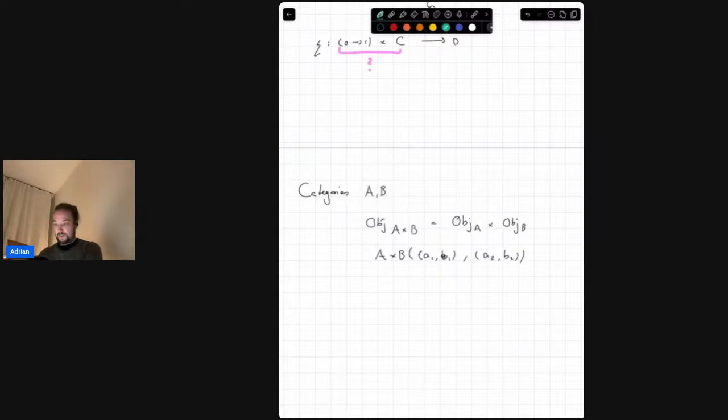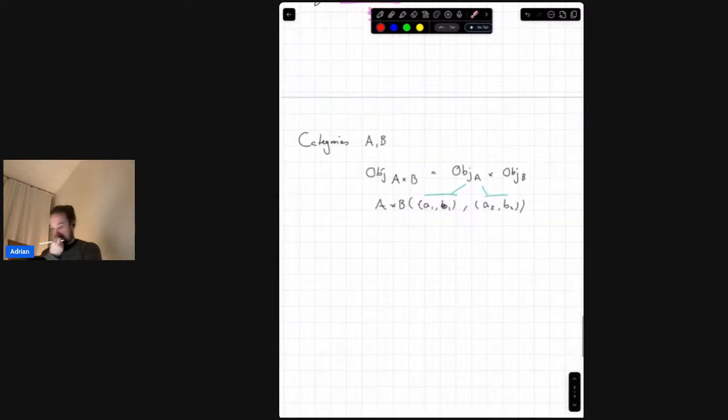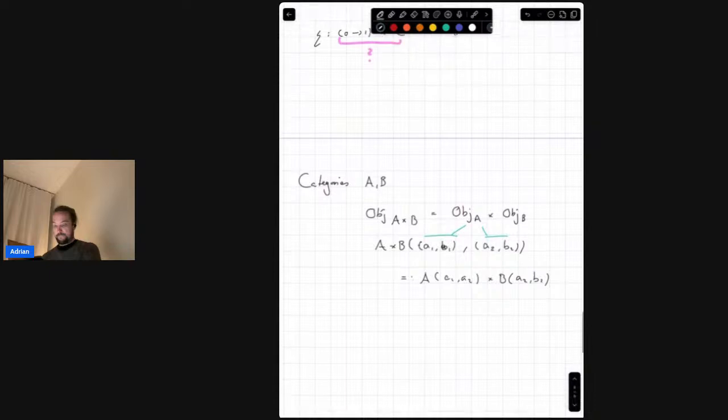This pair here and this pair here are both elements of this product. A1 is an object of A, B1 is an object of B, A2 is an object of A, B2 is an object of B. Then this here is exactly what you think it is. It's just going to be all the morphisms from A1 to A2 times all the morphisms from B1 to B2.